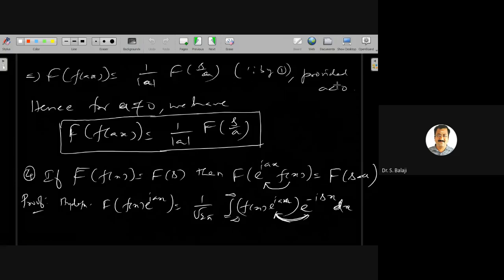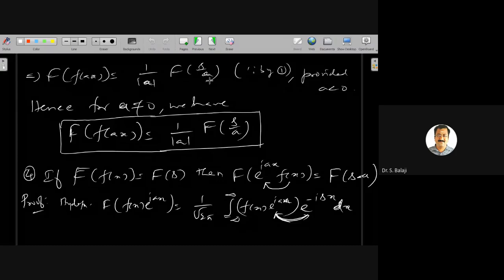This is for a less than 0. Here a is less than 0, but outside you are going to consider a positive a, because I am taking that minus for changing the order of the integration. Therefore, outside it is only positive a, but inside it is negative a, no change.